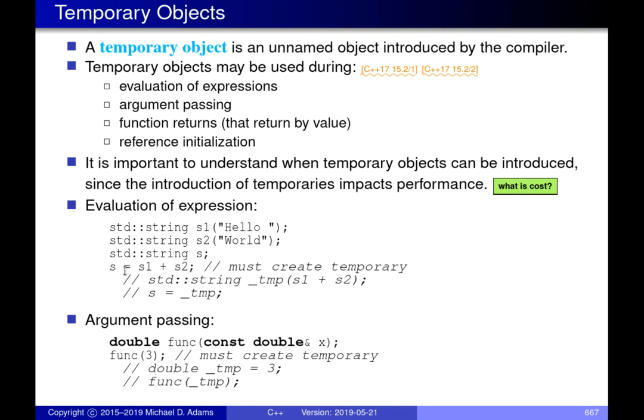In other words, you need an object to hold the return value of operator plus. But you didn't write that variable, the one that holds the return value, but nevertheless, whether you like it or not, it exists and it's there and the compiler introduces it for you. Because otherwise, the return value of operator plus would just drop off the edge of the earth and you would never be able to access it because it would be gone. It needs to be put somewhere so that it can be passed to the assignment operator as the thing on the right-hand side of the assignment.